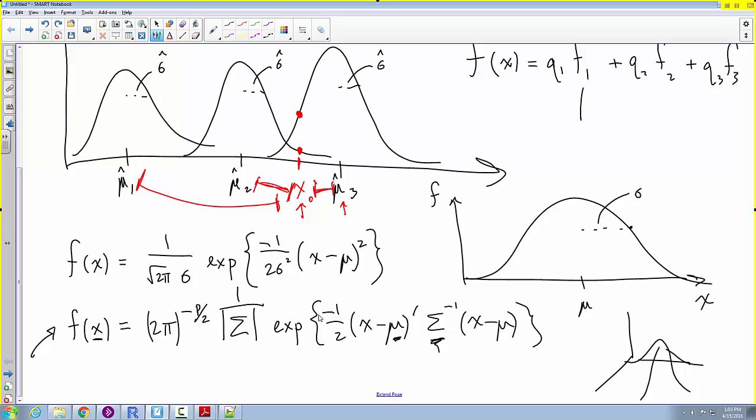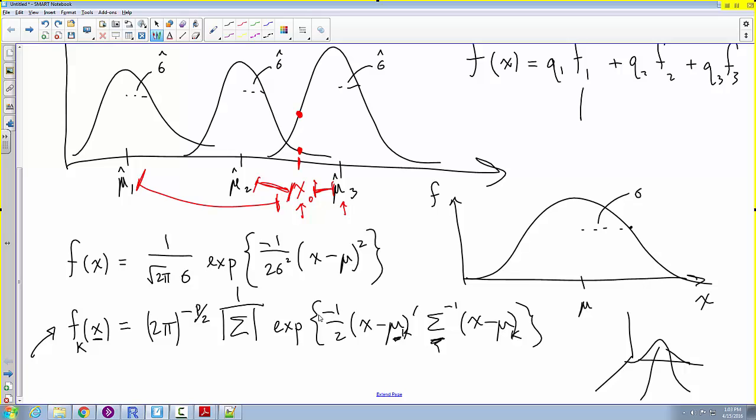Okay, so the LDA model would say there's one of these for each of the classes. There's a mean for class K. And every time we see an input vector, we want to basically evaluate this for each of the classes and pick the one that's got the biggest density.